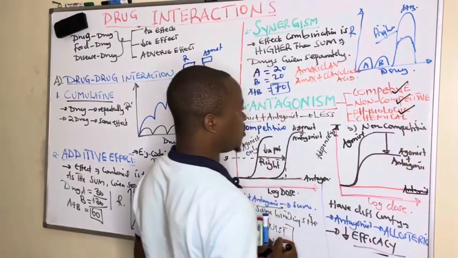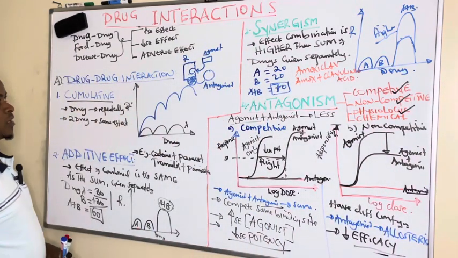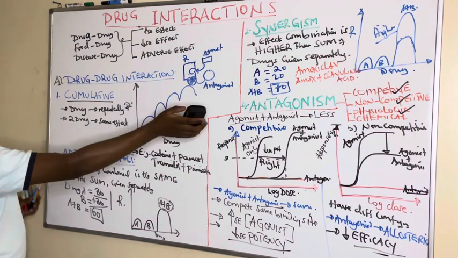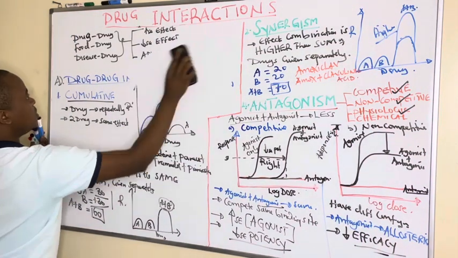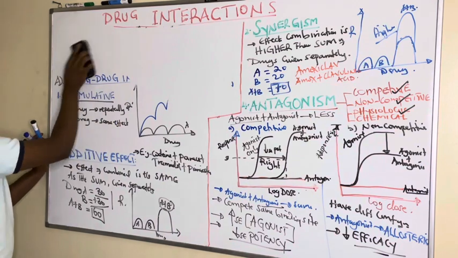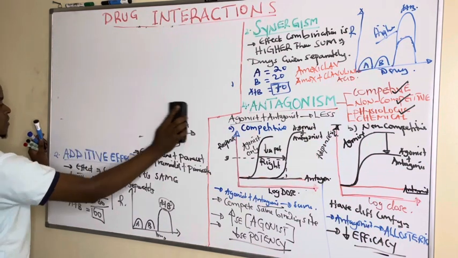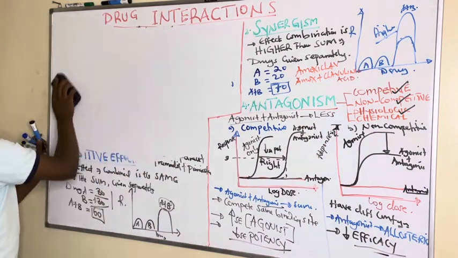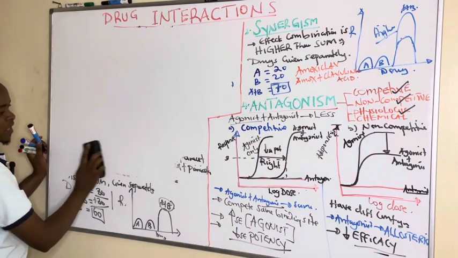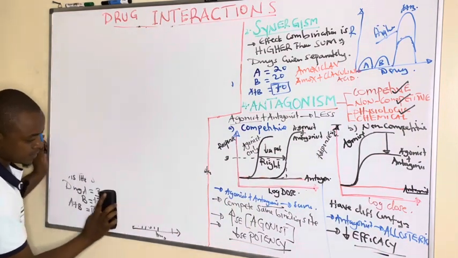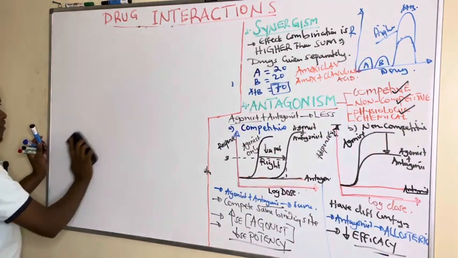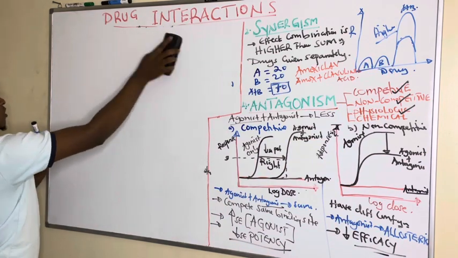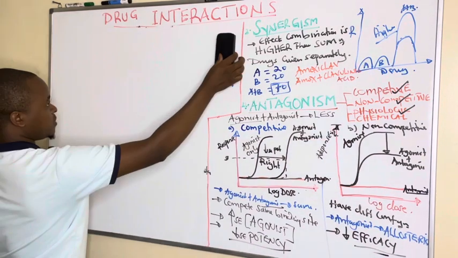Then the next one we can talk about is the physiologic antagonist. According to their mechanism of action, two drugs when combined produce opposite reactions or opposite response.